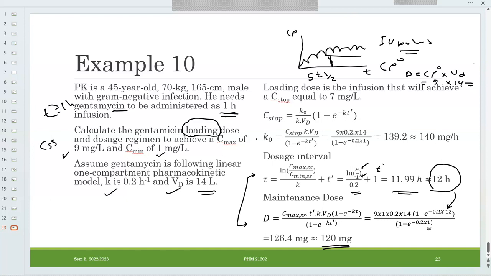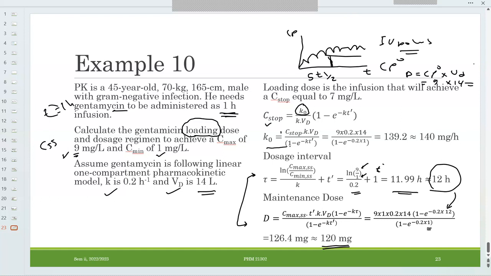But if you want to calculate the loading dose to be delivered as infusion, then you have to use the non-steady state equation for intravenous infusion. This 9 here will be our target C stop. Use the equation C stop equals K0 divided by K VD times the fraction that has the infusion time, and we just rearrange it in order to calculate K0 instead of C stop.